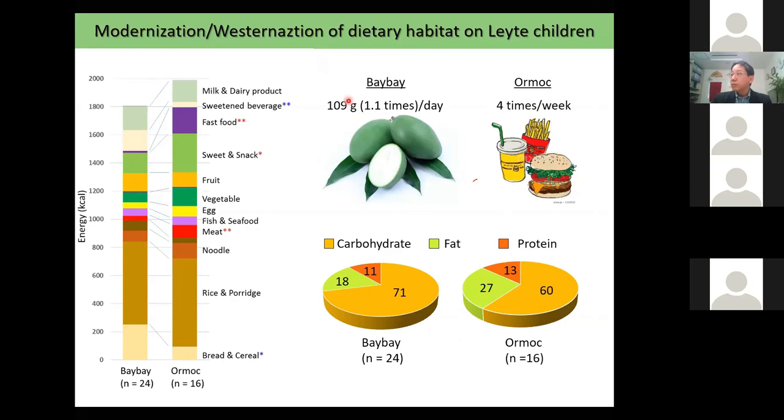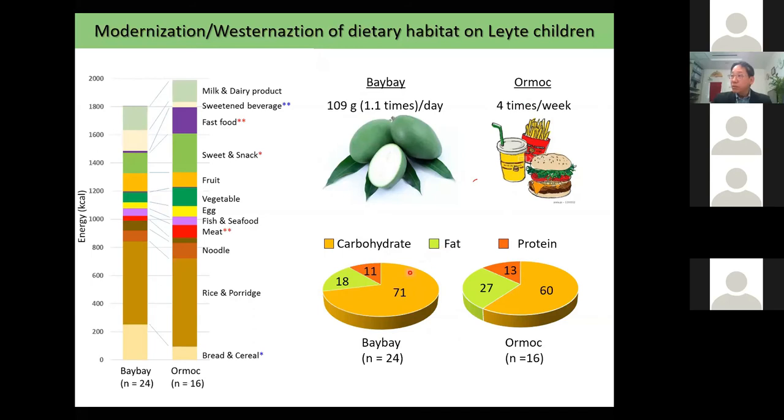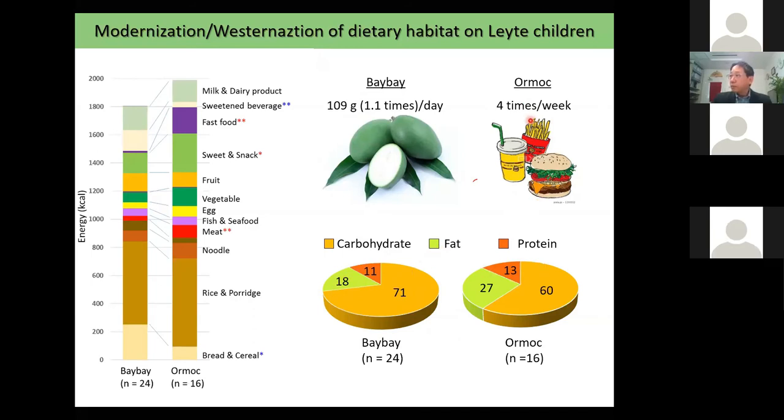And this is the composition of macronutrients. For the children in Bai, the fat composition is 18%, while for the children in Ormoc the fat ratio accounts for 27%.